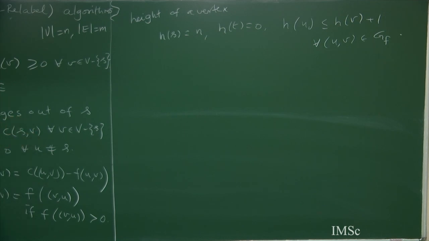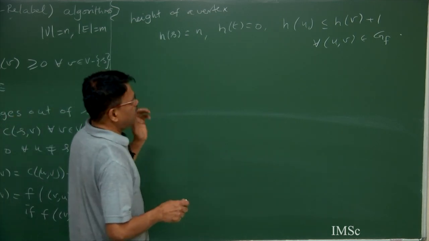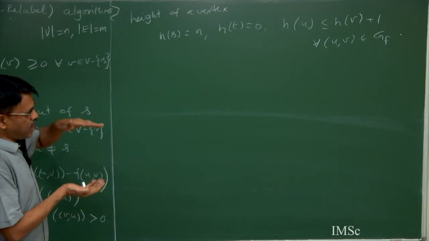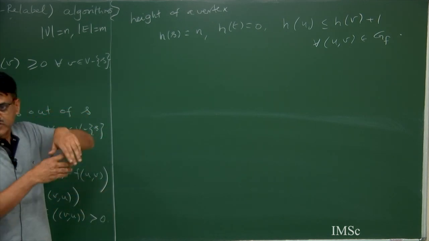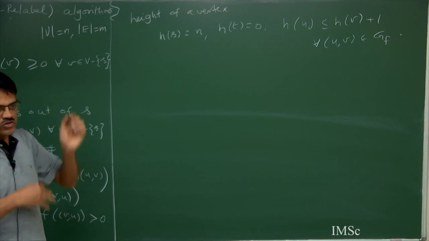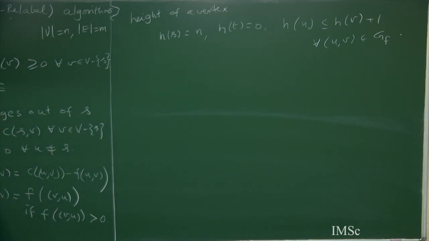So what happens is then some of the flow is pushed back to S. The way we are going to do this push of the excess at nodes is using this height notion, where we will push only from a higher vertex to a lower vertex. So the height somehow indicates a sort of slope of vertices.